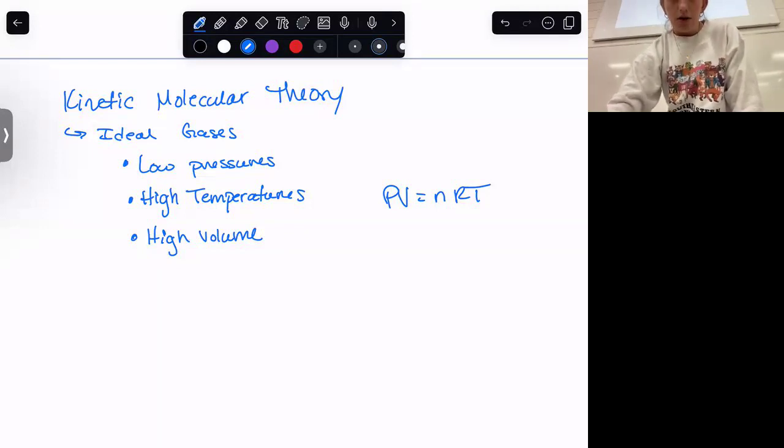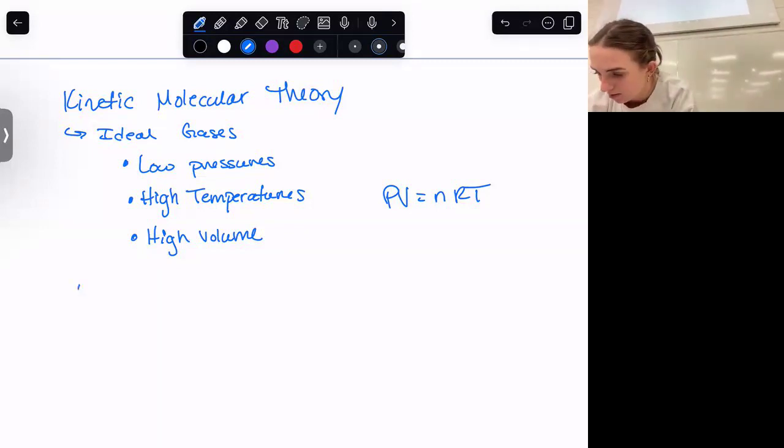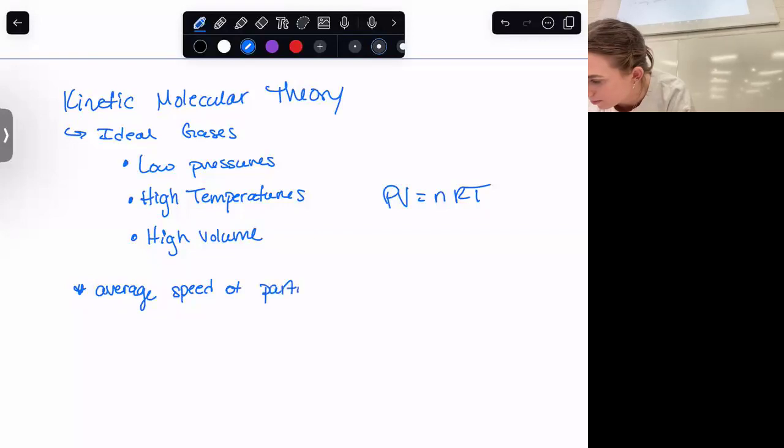When else we talk about kinetic molecular theory, we also talk about the average speed of particles or your gases, related to temperature.